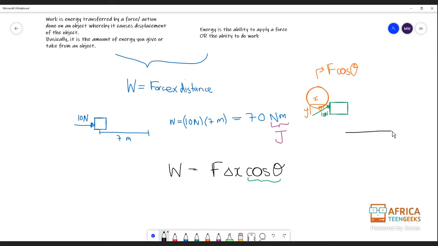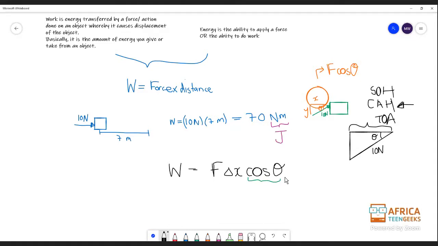So if you have a triangle, and this is your angle theta, and you have this value over here. Oops, I made a mistake, sorry. So SOH CAH TOA: cosine is equal to the adjacent side over your hypotenuse.